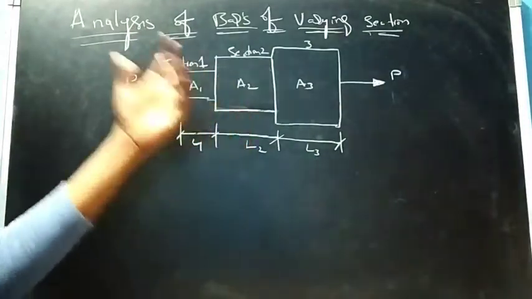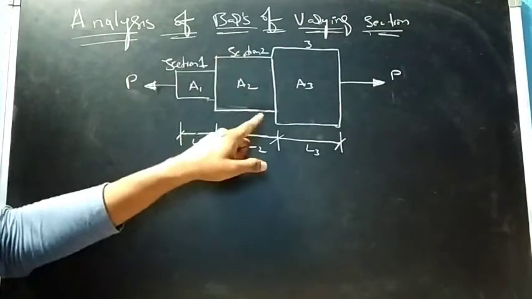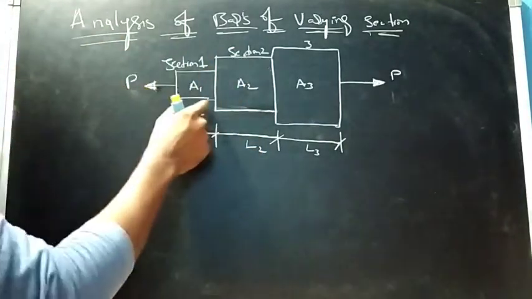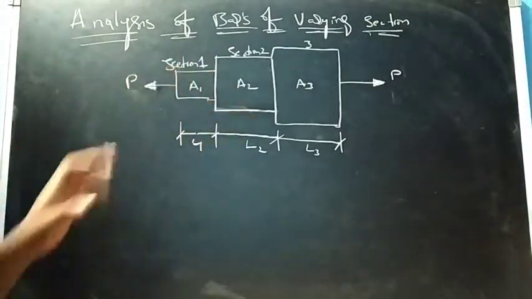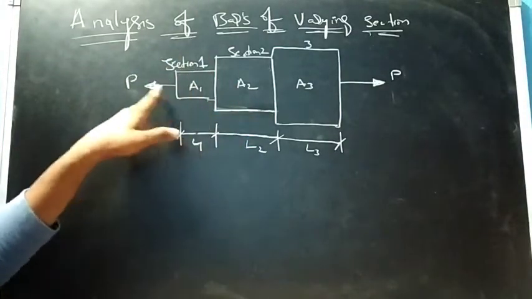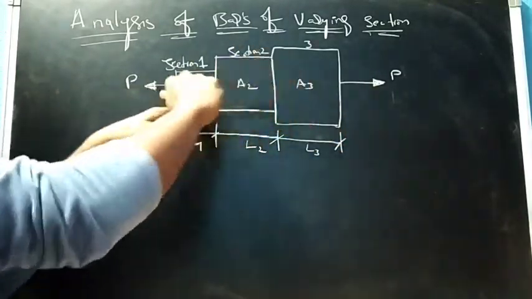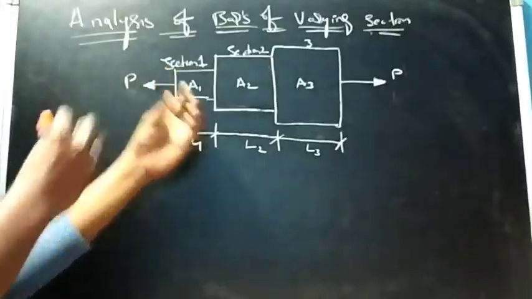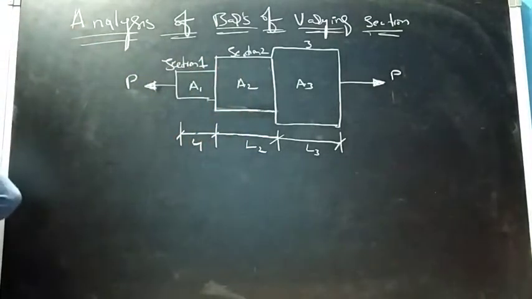So each section will undergo a tensile load, yet the stress and strain are changed, right? Why? Because of the change in cross section, the change in length will be different, because when you apply the same tensile load for different cross sections, there will be some change in stress and strain, right?